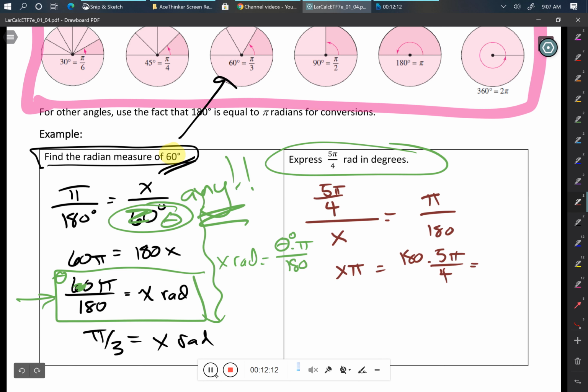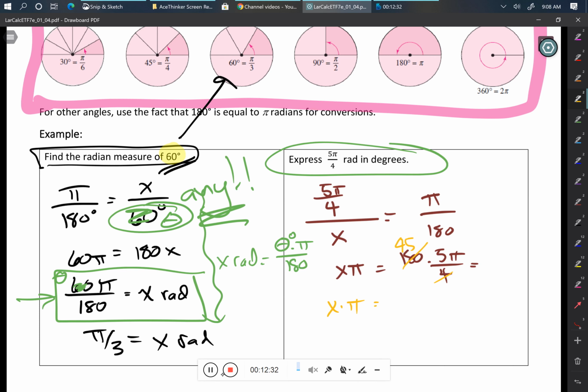If we clean up that right-hand side a little bit, I think we can do a simplification with the 4 and the 180, right? What's 180 divided by 4? And so we get x times pi, or pi x, is equal to 45 times 5.